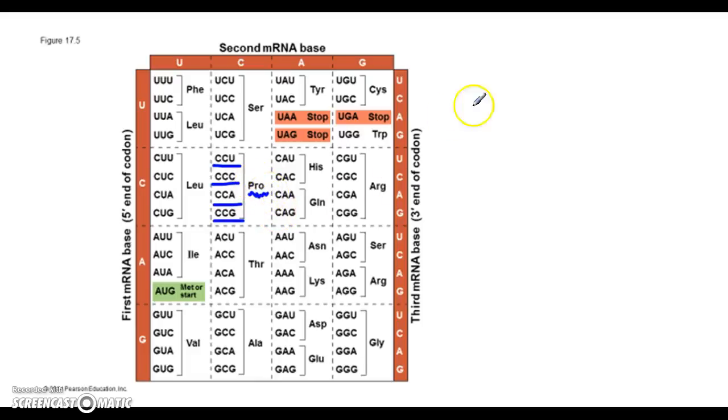So that's why we say the genetic code is redundant. In some cases we could even have a mutation that's silent and has no effect, because maybe instead of CCU it's CCC, and it still codes for the same amino acid, so it's not going to have any effect at all on that individual.